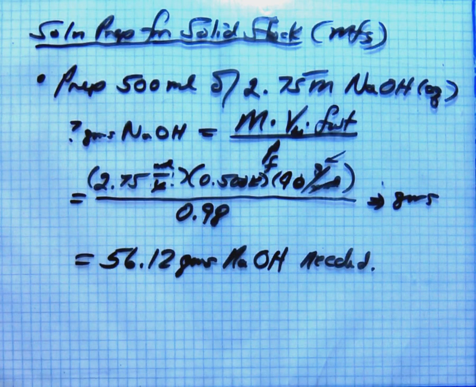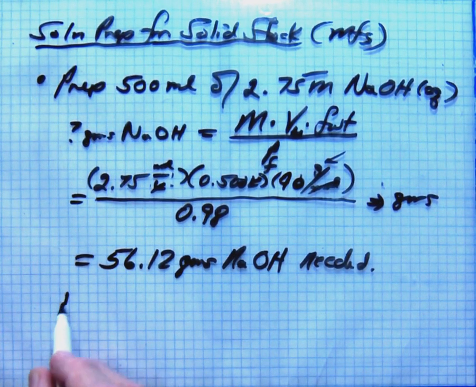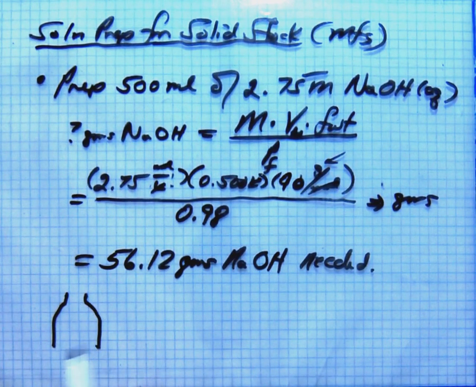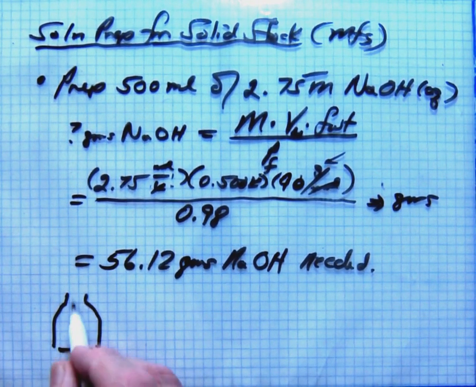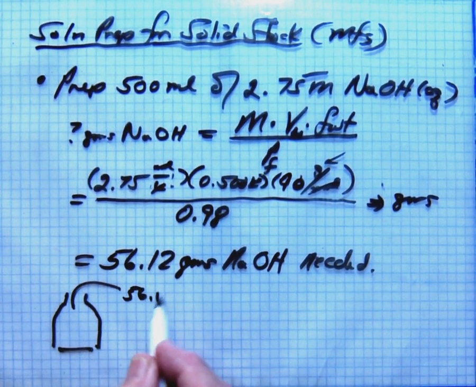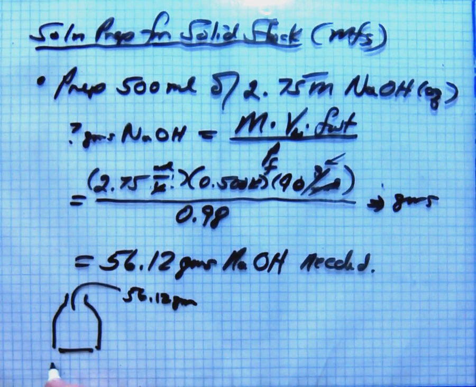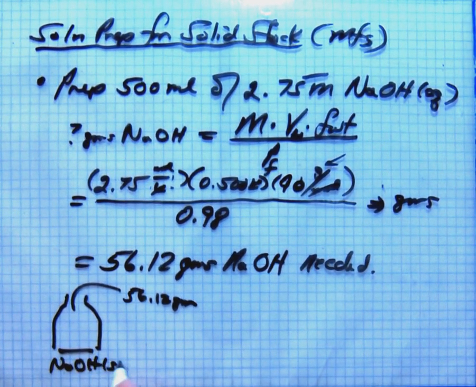Now, what are you going to do with this? You're going to go to the bottle that you have. You're going to pull out 56.12 grams of sodium hydroxide solid.